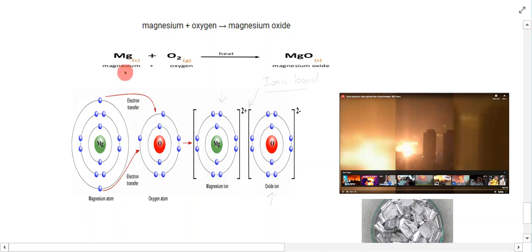You have solid magnesium that's burning in oxygen because of the heat, and it's producing magnesium oxide. But this process not only produces magnesium oxide, it also produces a huge amount of energy.